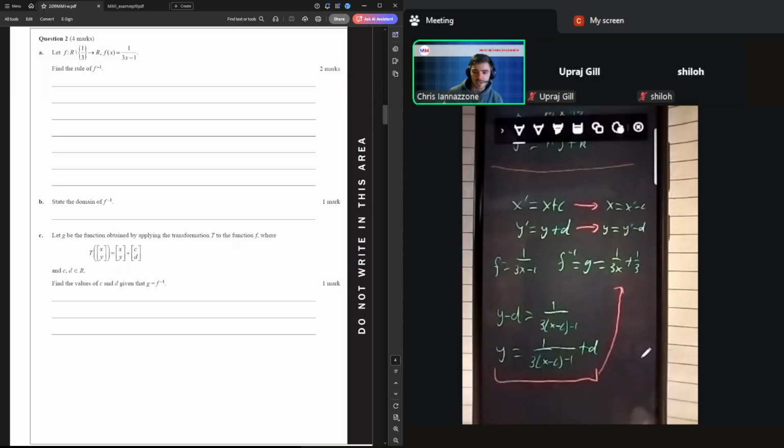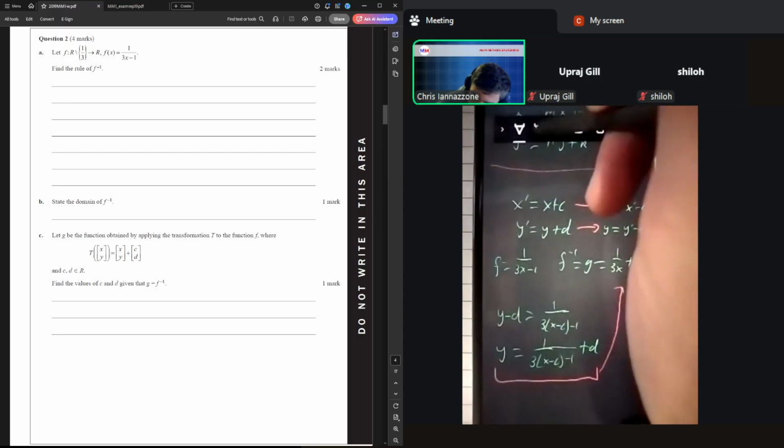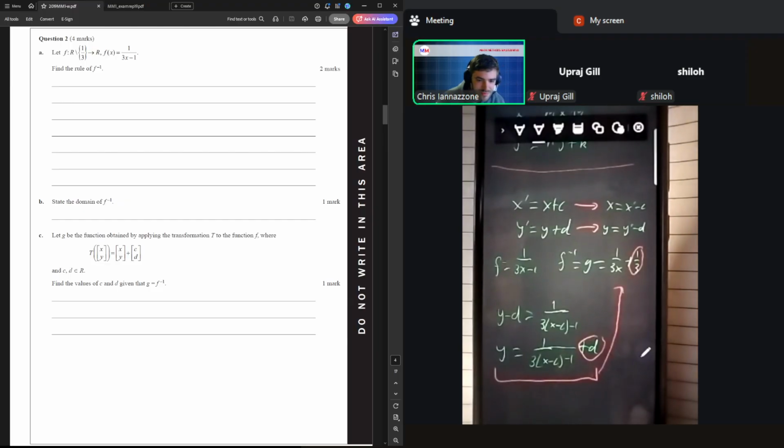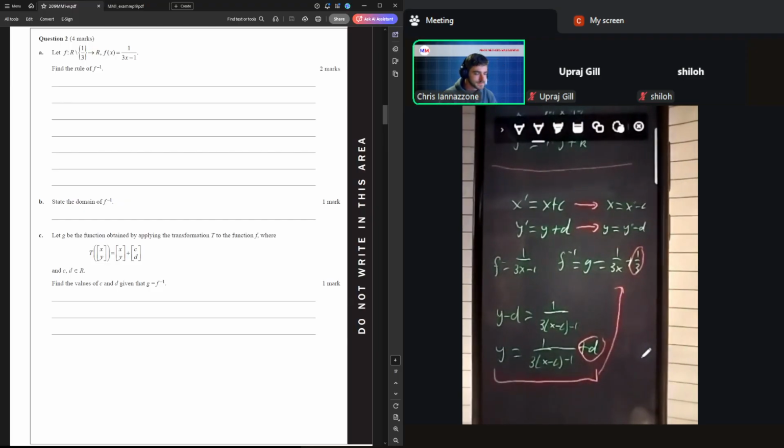It can help to look at it in parts. So trying to make the denominators look like each other. And the easiest one is to try to make the vertical translations look like each other. That one's very obvious: d equals a third.